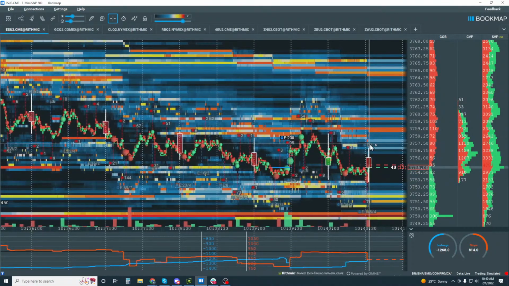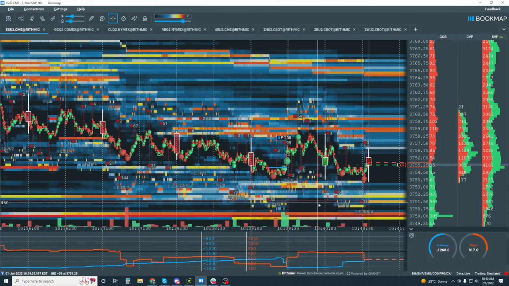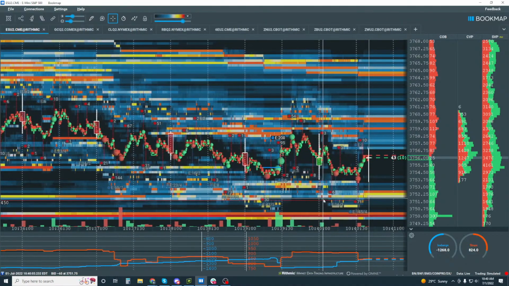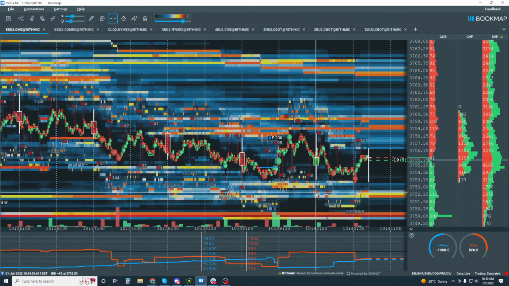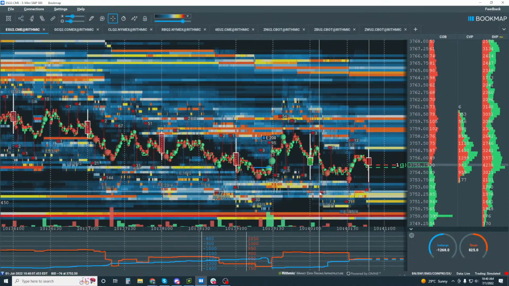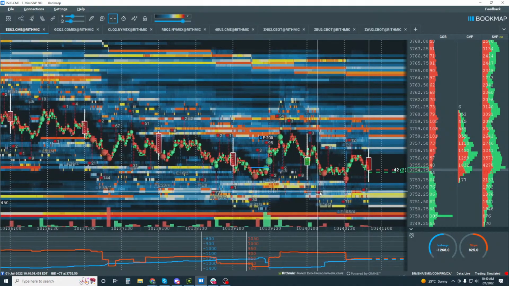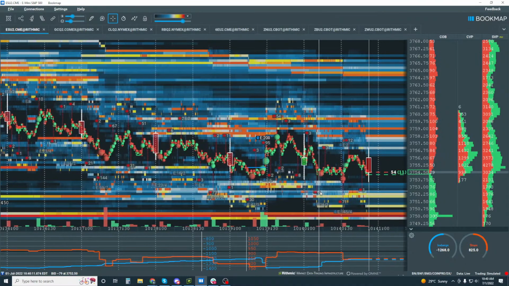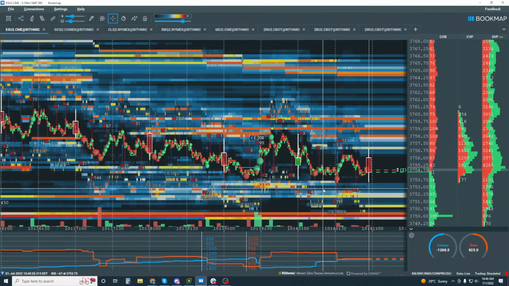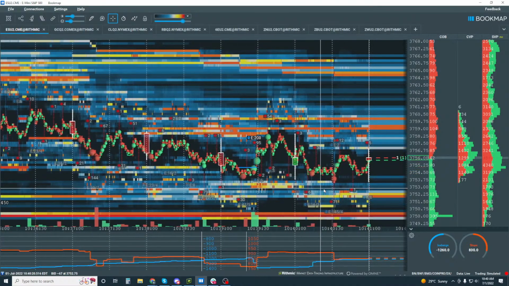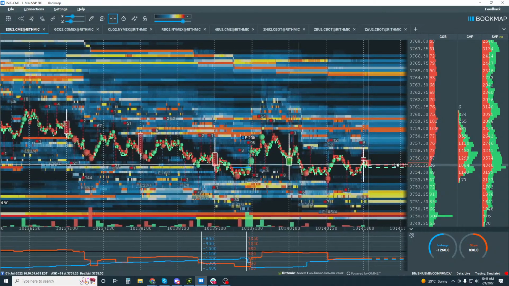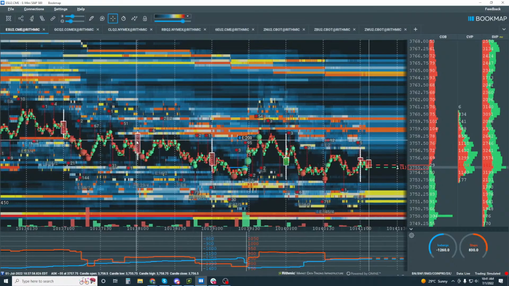Buyers could whip it back up here very, very easily. Yeah, just still, this is just back and forth, guys. Not really seeing much. Something will open up here, though.